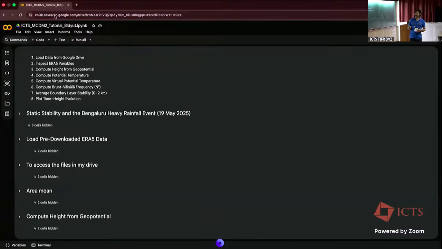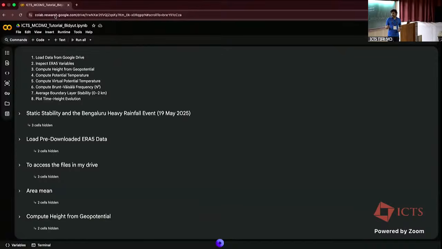Oh, okay, so probably I should have mentioned this before the outline: what we are going to do is look at the stability, specifically the Brunt-Väisälä frequency. If you remember from the talk before lunch, Adrian presented a Richardson number where the numerator was the Brunt-Väisälä frequency.